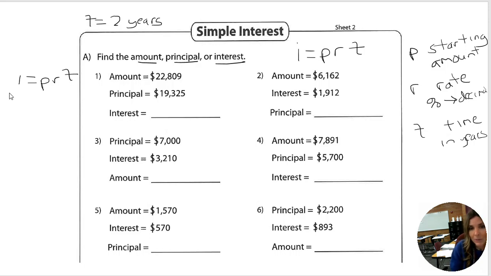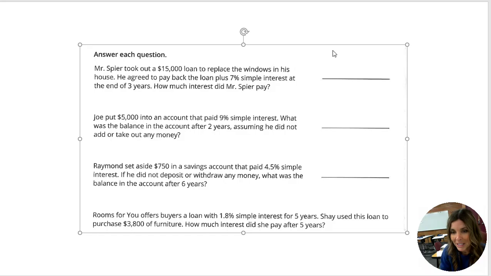And so we're going to plug in what we know. We know the initial balance is $22,809. Oh my gosh, you guys, I'm so sorry. I realized I skipped a whole page. I skipped the whole bottom part of this simple interest page.